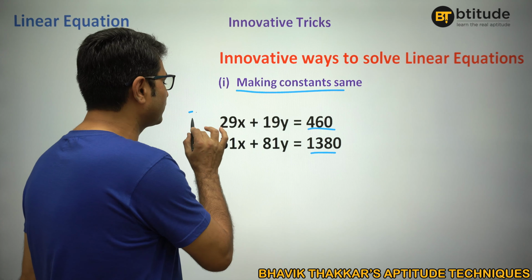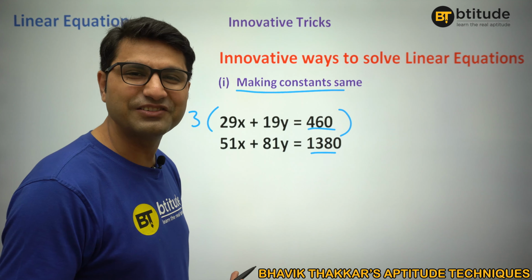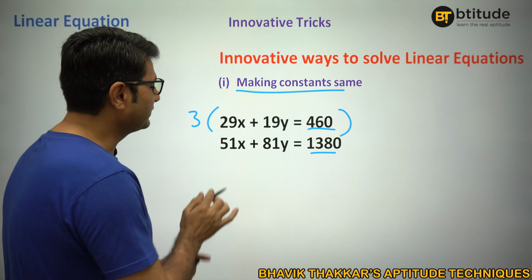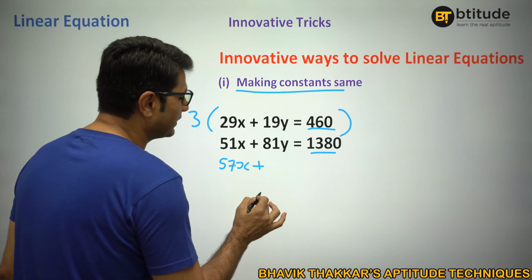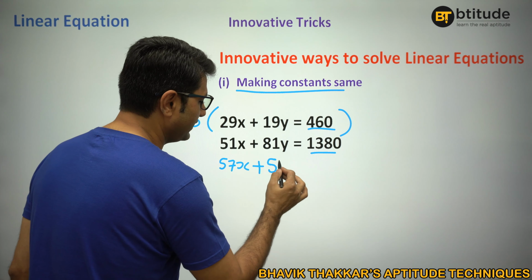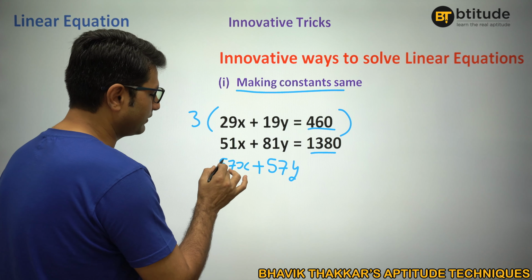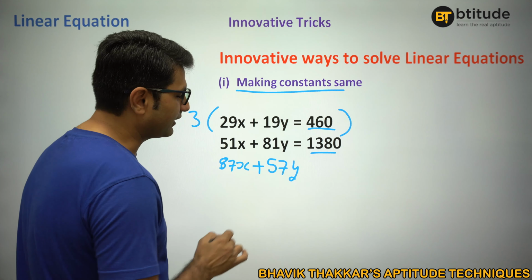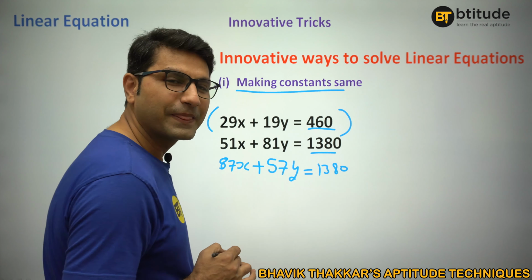If you multiply the first equation by 3, 460 into 3 will be 1380. Then 29 into 3, that is 87x plus 57y is equal to 1380, right?